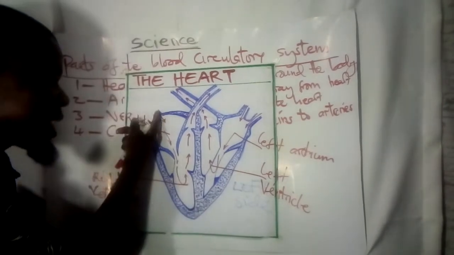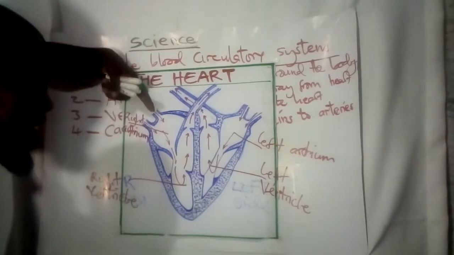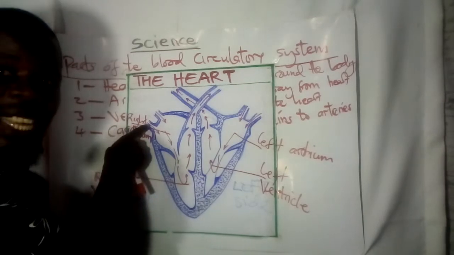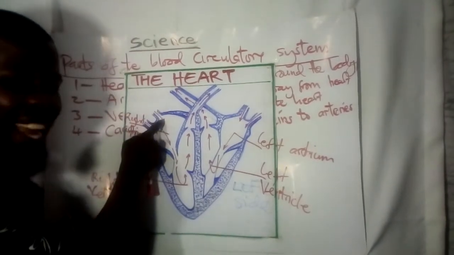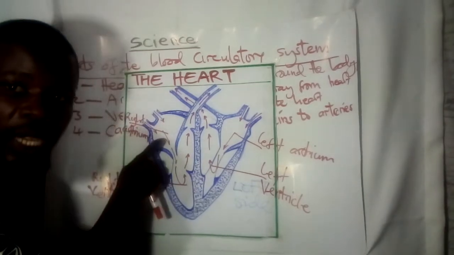So this one is the anterior vena cava, and this one is the posterior vena cava. So this is an entry into the heart. This one as well is an entry into the heart.